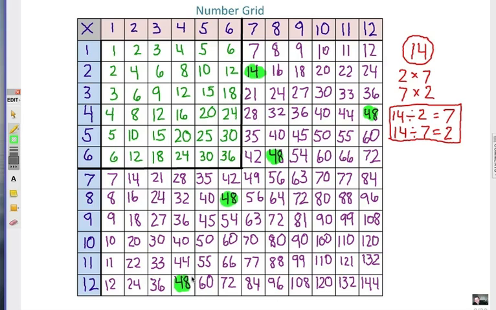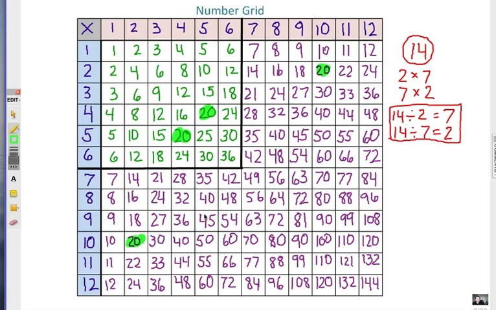Now I'm going to highlight some numbers and I want you to try to figure out all the multiplication facts of that number. All right, here we go. Let's look at 20. 4 times 5, 5 times 4. But what else? Can you think of another way to make 20? Yes, how about 10 times 2, 2 times 10?